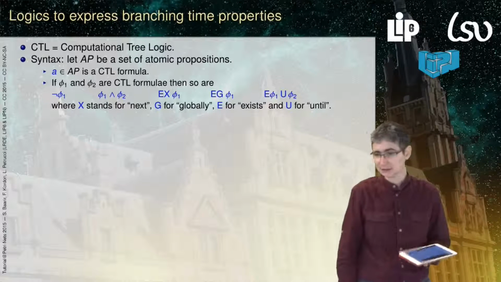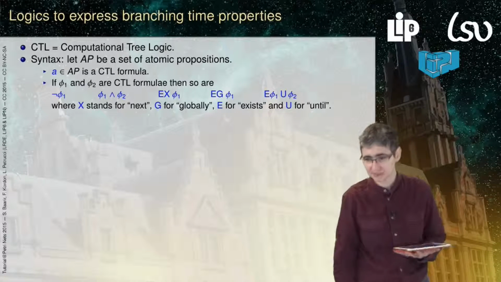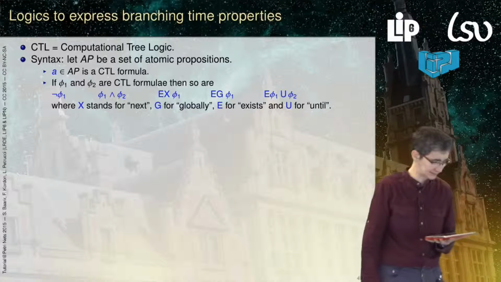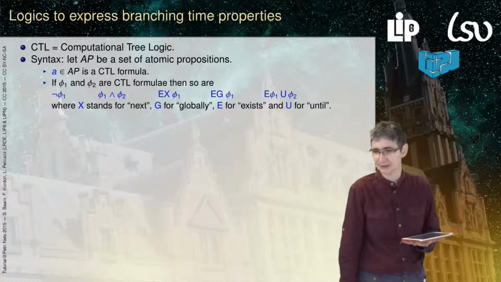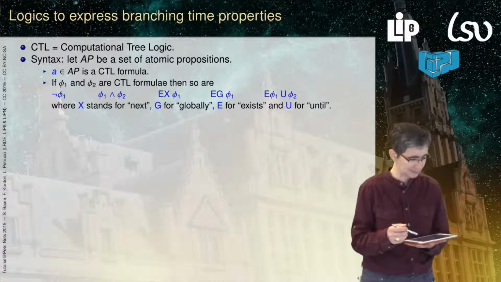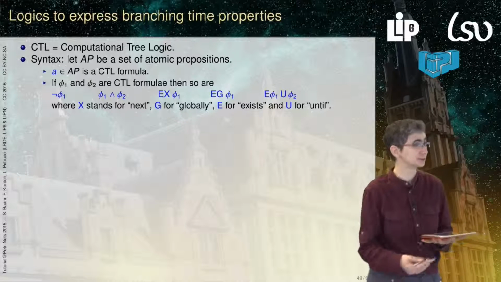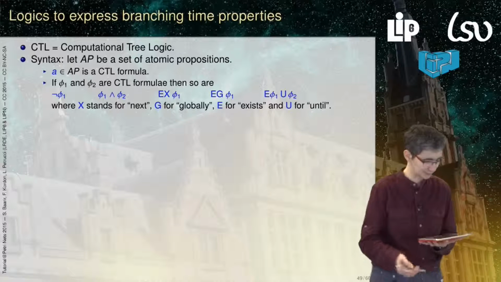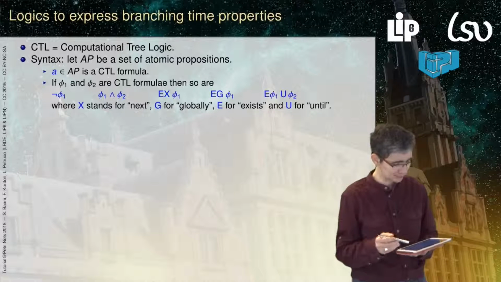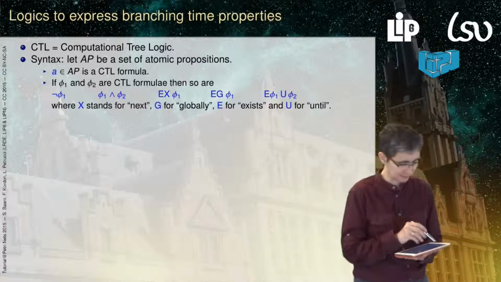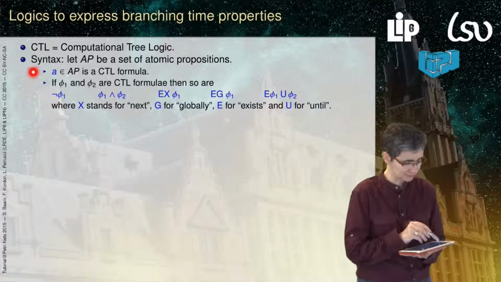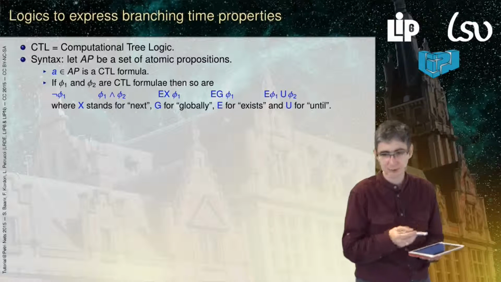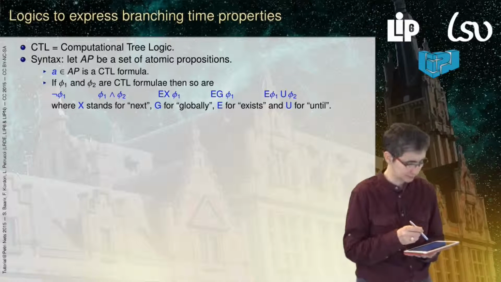CTL stands for computational tree logic. Its syntax is a bit similar to LTL, but you express things on a tree instead of a path. So you have additional operators. You have atomic propositions, so an atomic proposition is a CTL formula.